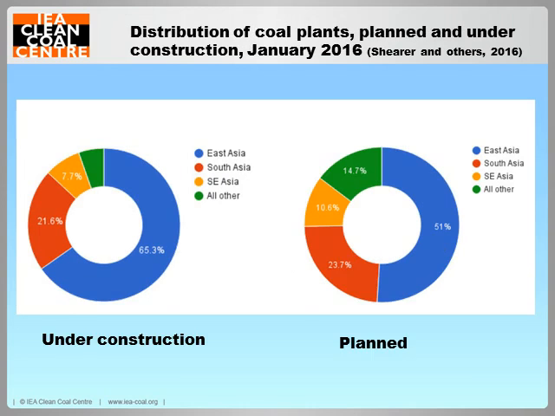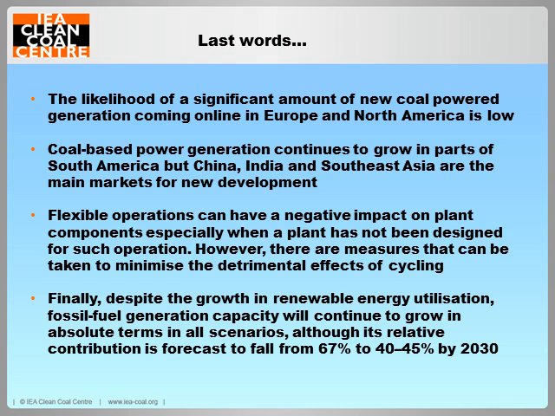The report goes on to give a concise overview, based on different regions, of the current status and what's happening and planned with regard to coal-fired power generation. Finally, the consensus is that the likelihood of a significant amount of new coal-powered generation coming online in Europe and North America is low.